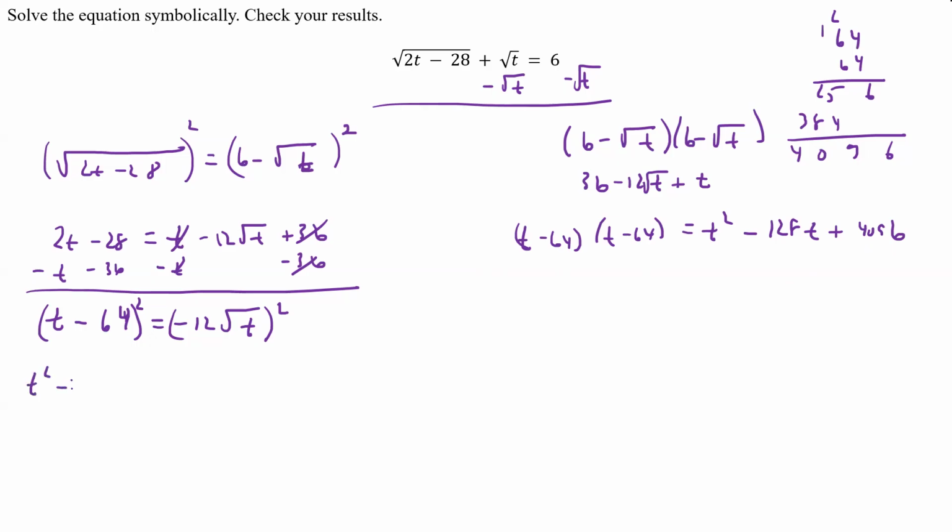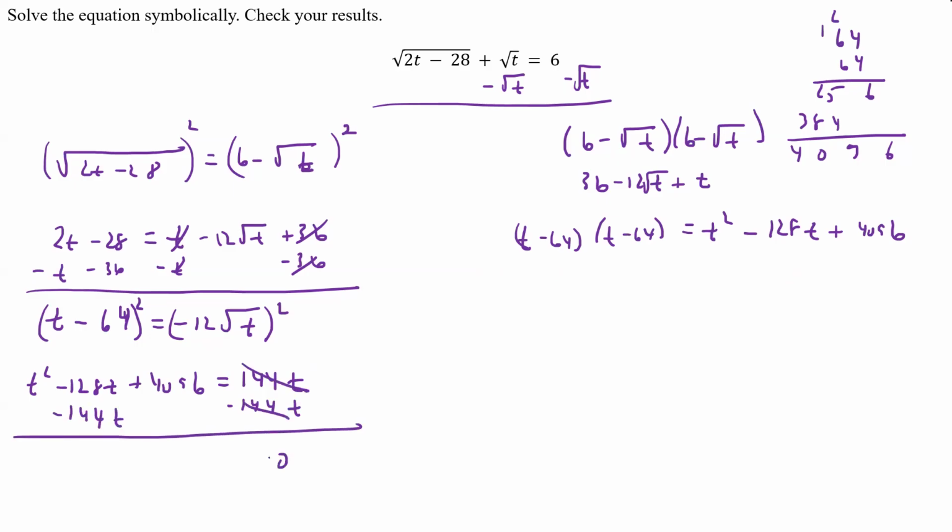t squared minus 128t plus 4096 equals. Now, a negative 12 times negative 12 is going to be a positive 144. And the square root of t squared is going to just be t. Okay. Now we'll subtract 144t, subtract 144t. So that's 0.